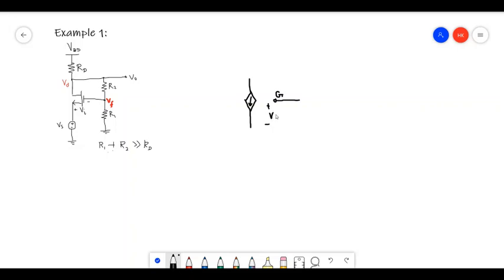This voltage is VGS, then there is the output resistance, so that output resistor is also there. I said we can neglect this, but I'm going to draw it anyway here. And this is the drain terminal. This is how the transistor looks.